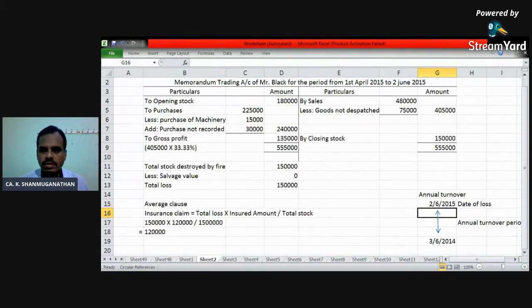Next line. Loss of profit policy compensates the loss in such period.